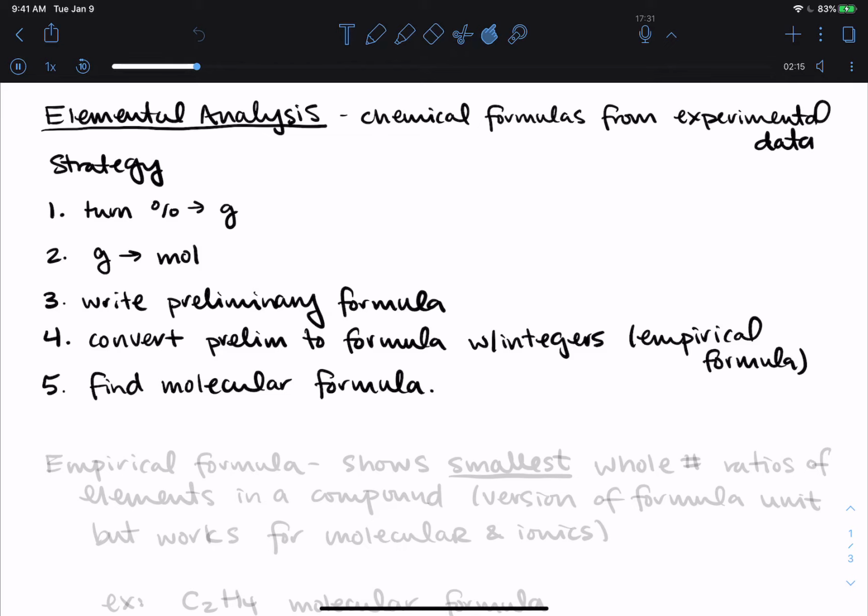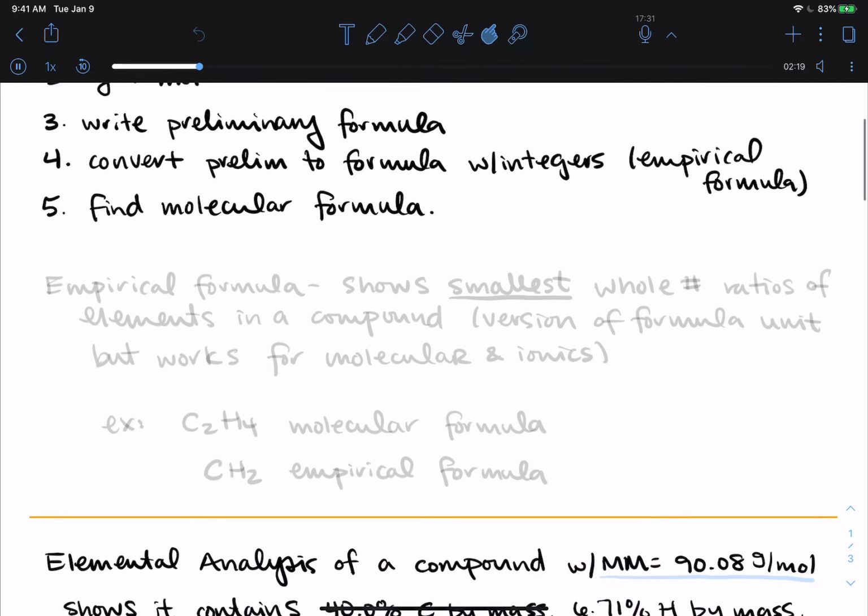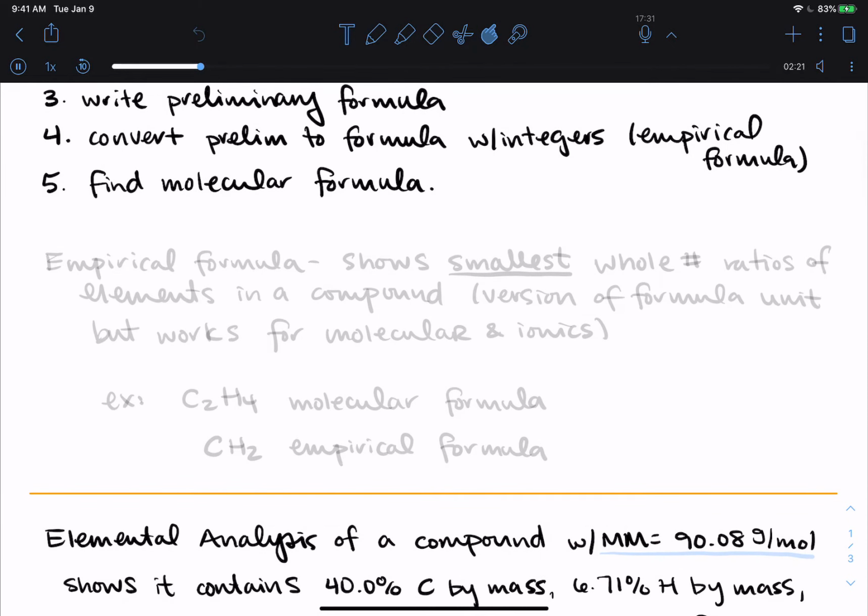So I mentioned empirical formula. We haven't specifically defined this term yet, so we should probably define that before we go into solving this problem. So an empirical formula is a formula that shows the smallest whole number ratios of elements in a compound.